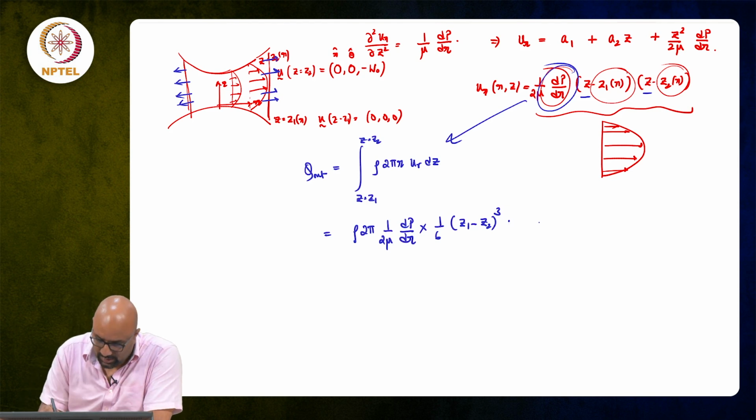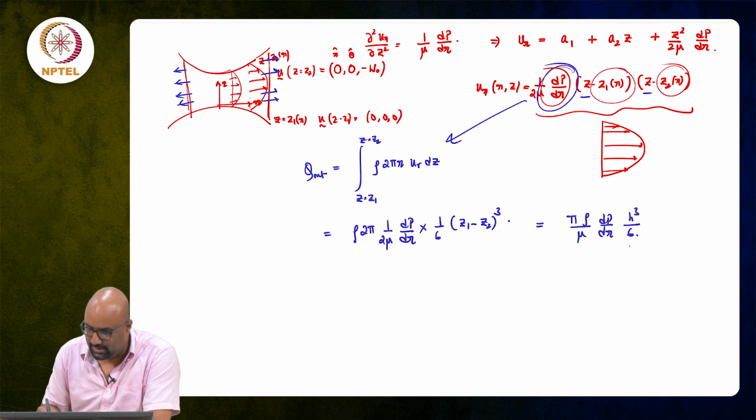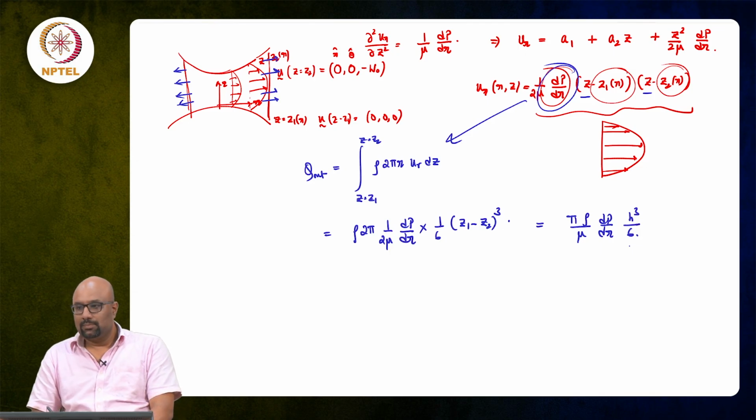It is h. So, I can write this as pi rho by mu dp dr h cube by 6. Okay, that is the mass flux that is coming out.